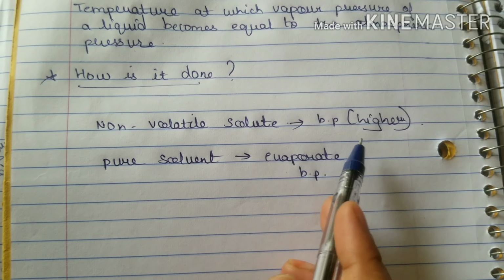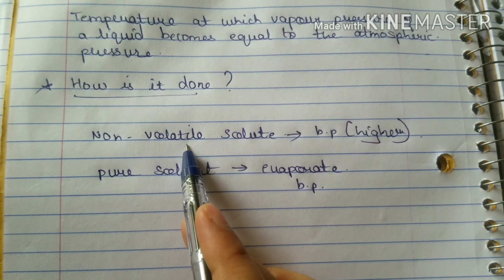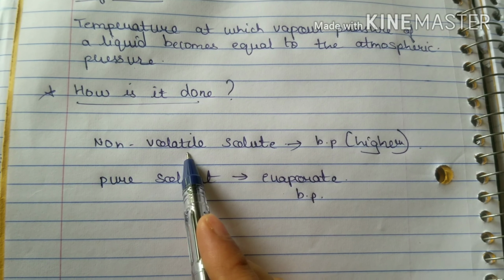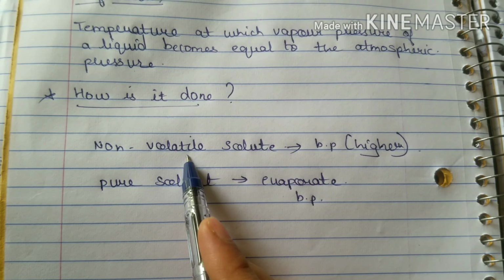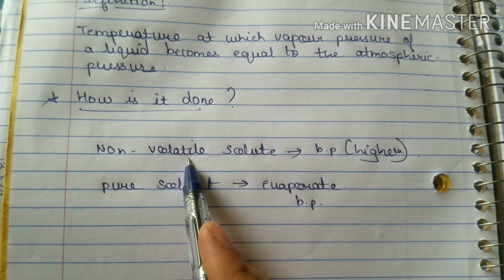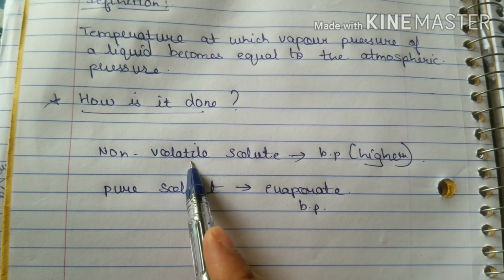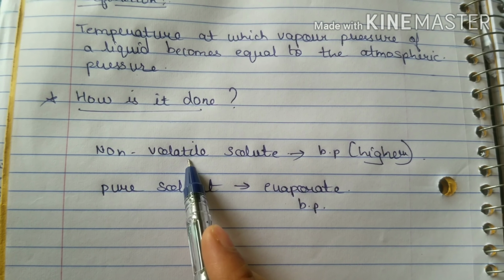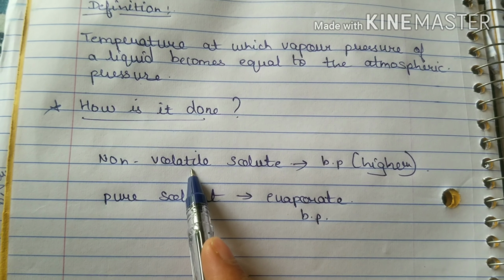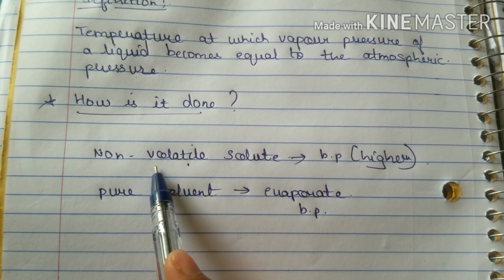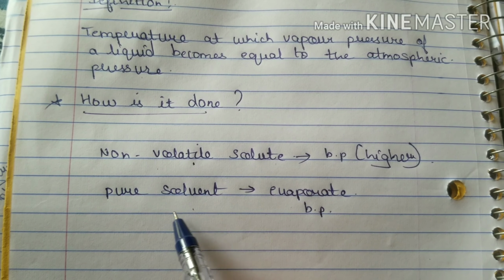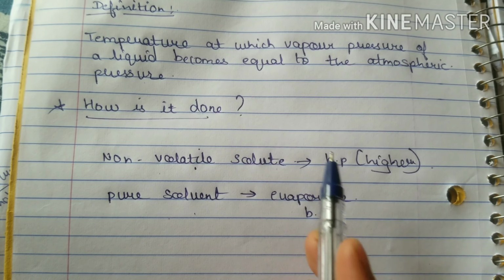Why? I just told you the reason: the intermolecular forces of attraction between the molecules are very strong. So in order to break those forces, we need to apply more heat, and if you apply more heat, the temperature is of course going to increase, giving you a higher boiling point.